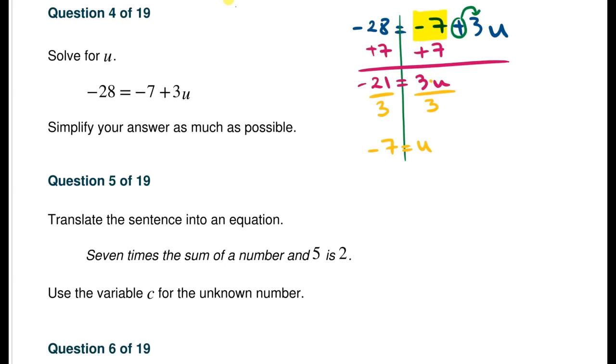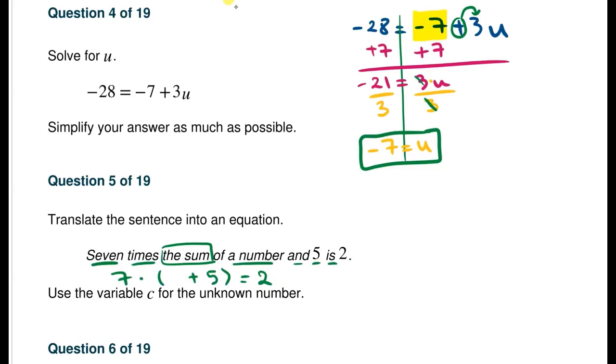Or in this case, they say to use the variable c. Actually, you don't have to solve for this. They ask you to translate the sentence into the equation. So that will be 7 parenthesis c plus 5 equal to 2.